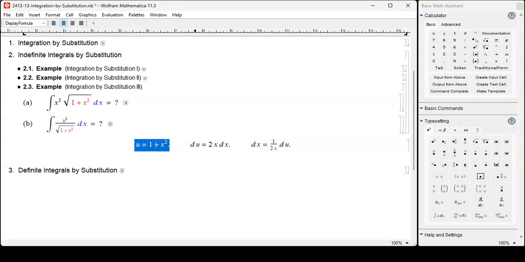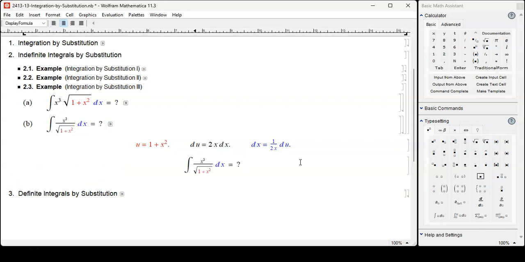So that's the original substitution, red. And this is dx substitution, blue. So far so good. And then let's get the entire integral expression here. So this is u, and this one is 1 over 2x du.